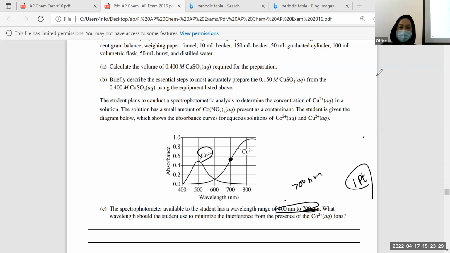Can you guys add up your scores? And then the next one is closer for you guys.